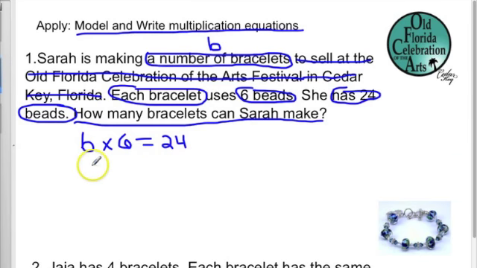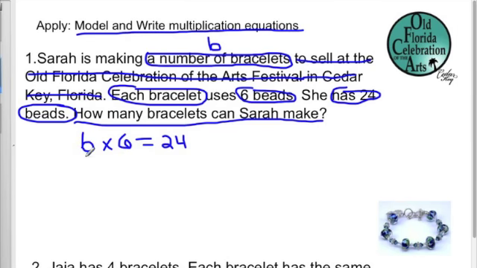Now, I am solving for the number of groups. I don't know the number of groups. The number of groups is the unknown. Remember when we're looking at a multiplication problem, B times 6 equals 24. The first factor tells us the groups. The second factor tells us the number in each group. And then, of course, this is our total. So I don't know the number of groups.